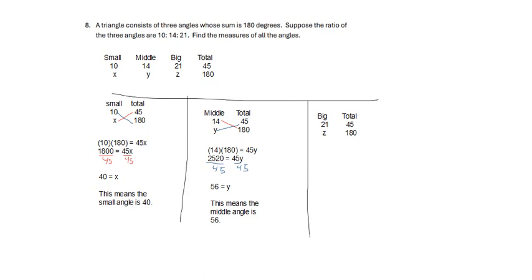So once again, cross multiply. 21 times 180 and 45 times Z. Let's see. So first of all, 21 times 180 is equal to 45Z. 21 times 180, let me double check that. That is 3,780.